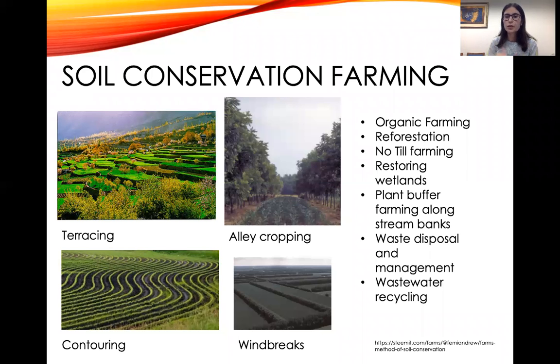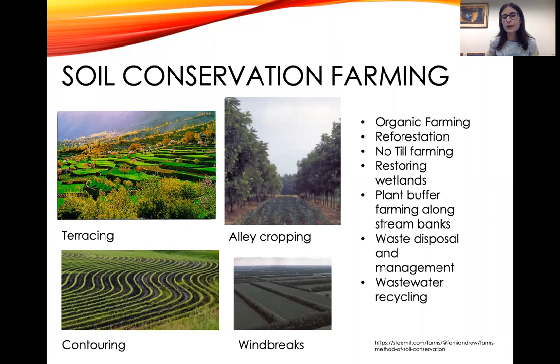Just a simple change means something else. Terracing, which we've seen in the mountainous areas in Pakistan, is where you're not playing too much with the topography of the soil, and then practicing agriculture to make sure there's maximum yield. And contouring: in natural systems, the river takes the path that it takes, and in that process it creates a floodplain, it creates a watershed.